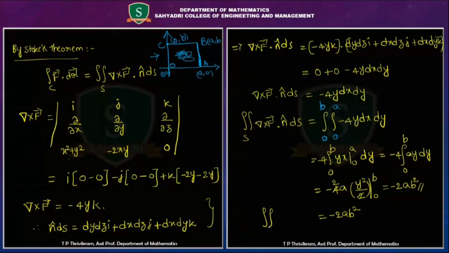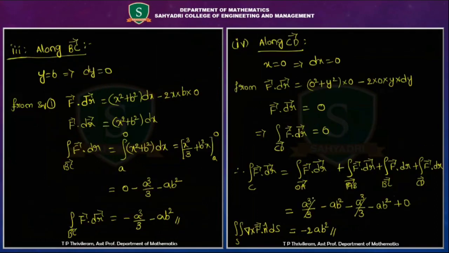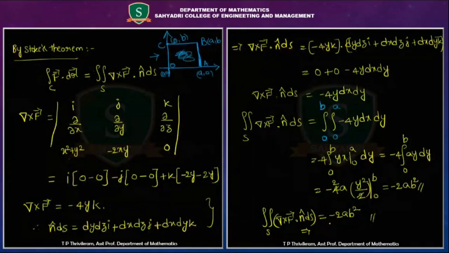On the left hand side, the surface integral of del cross f dot n cap ds, this value we got as minus 2a b square. So we got the same value for the line integral and the surface integral.